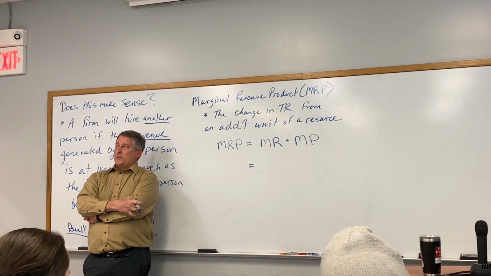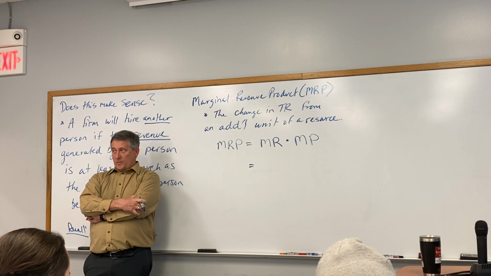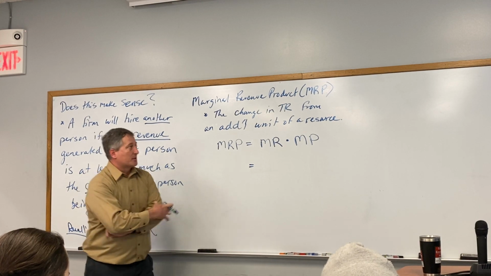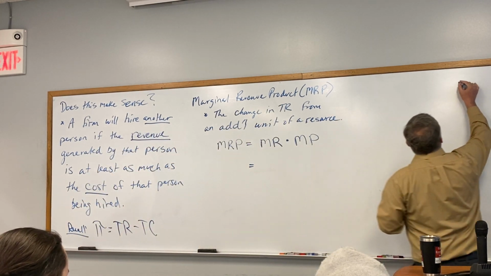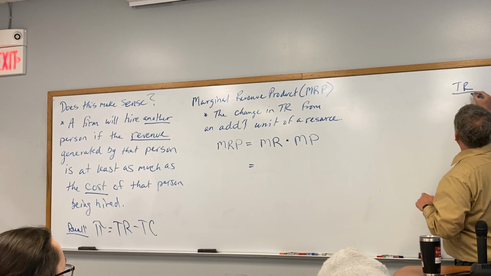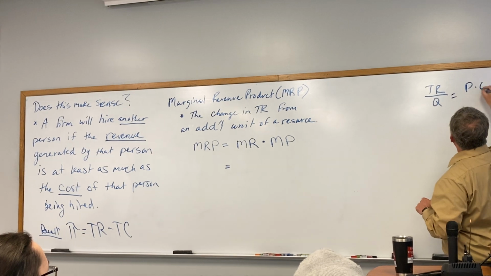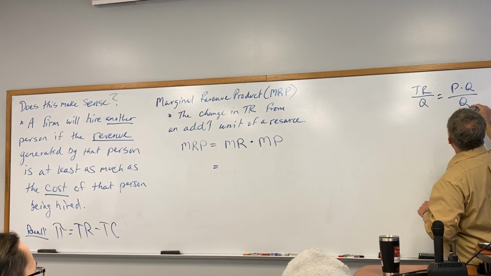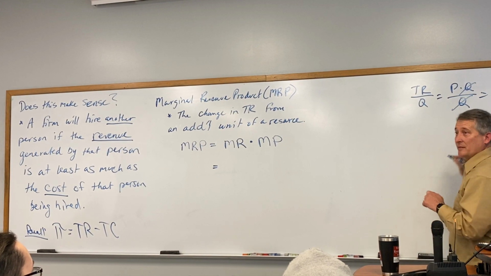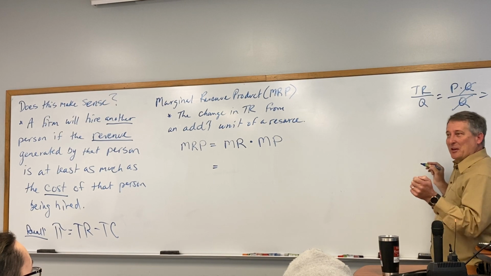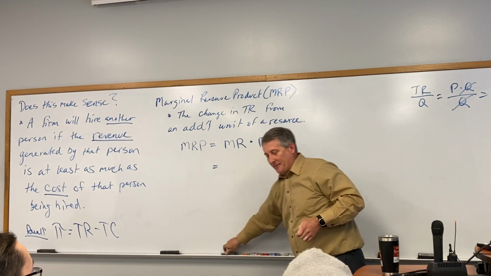Total revenue. No, that would be average revenue. So just to be clear, Tim threw out total revenue divided by quantity, right? So total revenue is price times quantity divided by quantity. Quantities cancel, you just get the price, which is kind of cool. So I'll give you an extra credit point for being wrong.